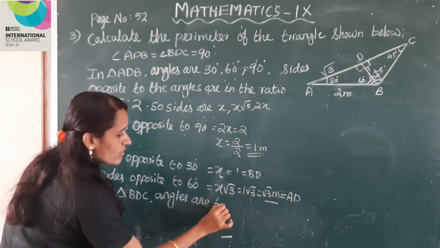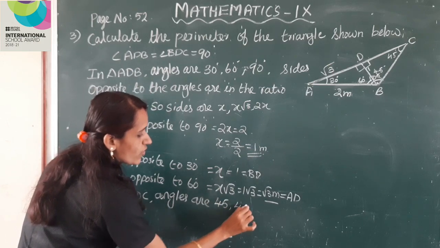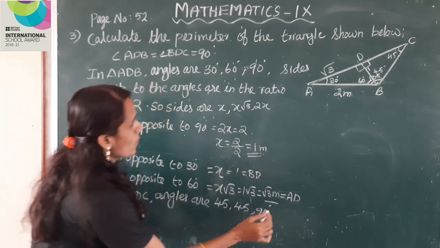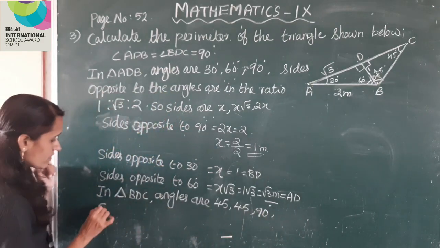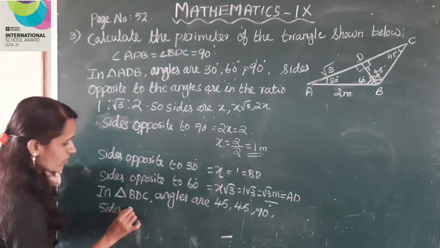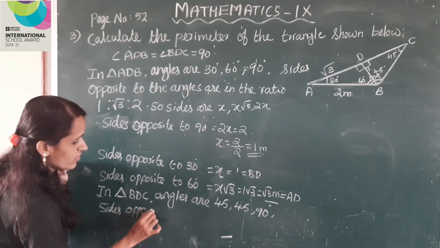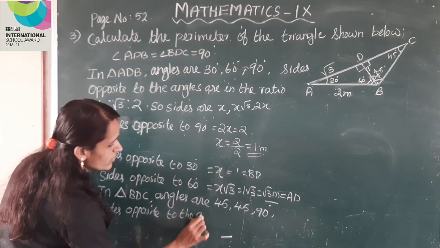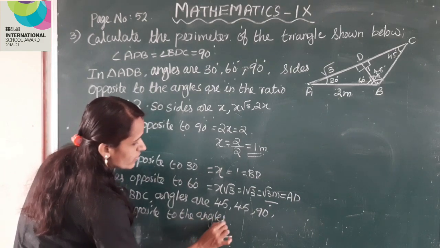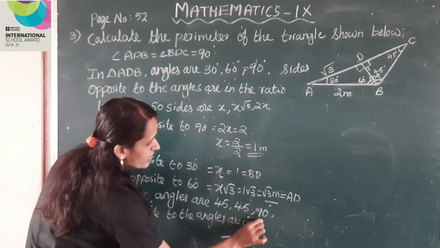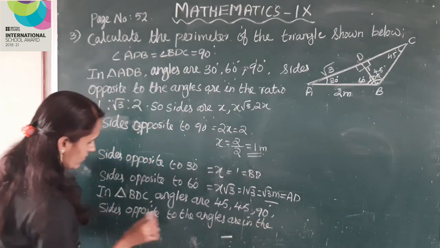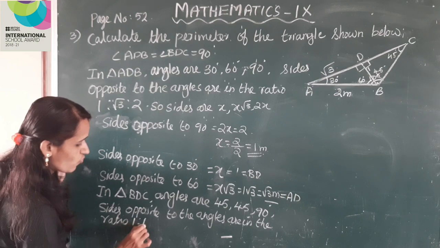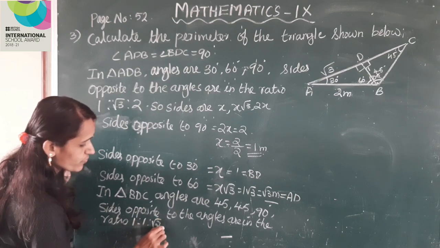So angles are 45, 45, 90 degree. Sides opposite to the angles are in the ratio 1 is to 1 is to root 2.